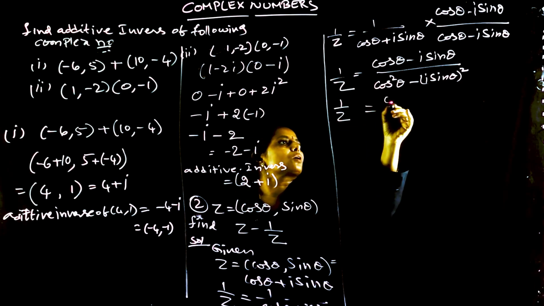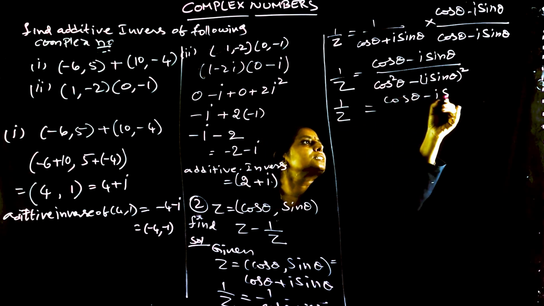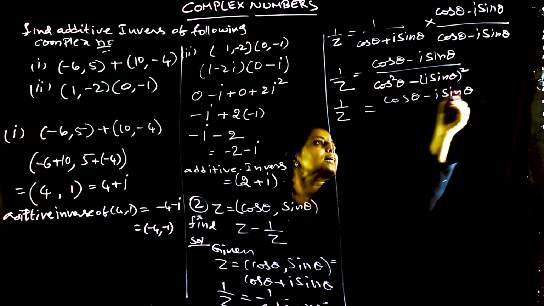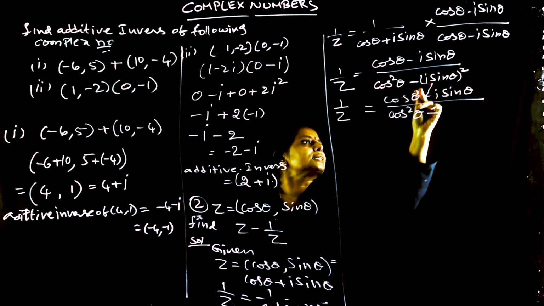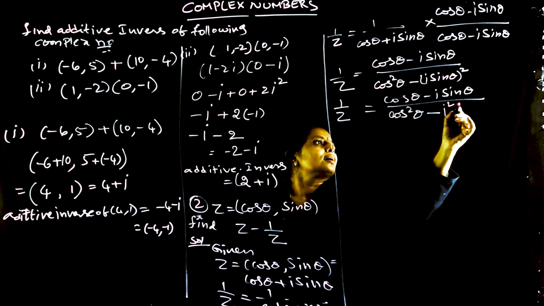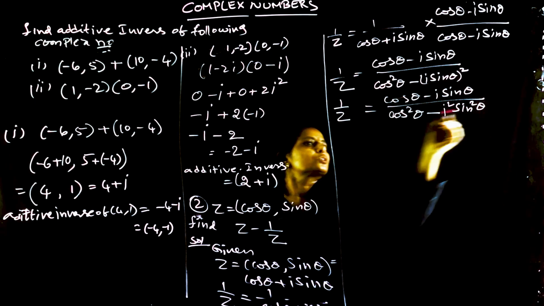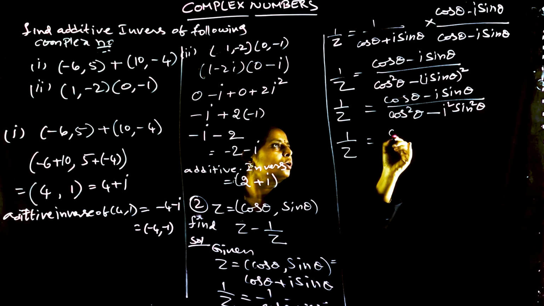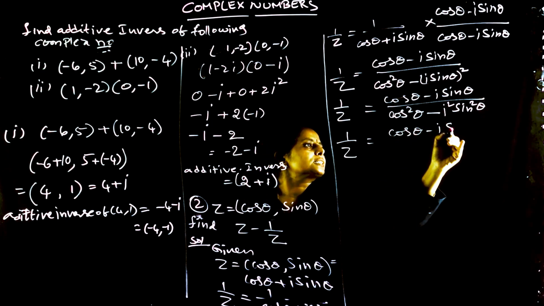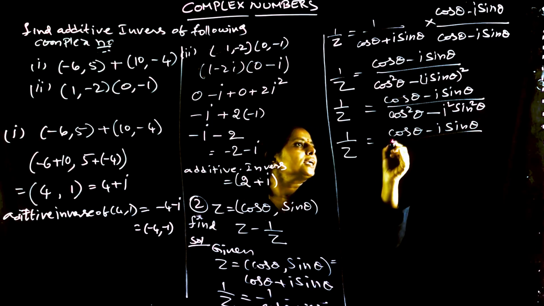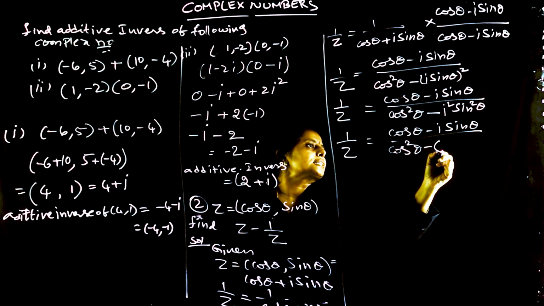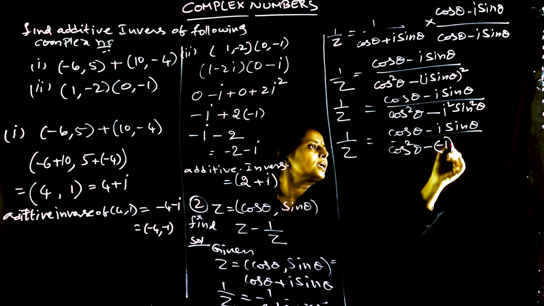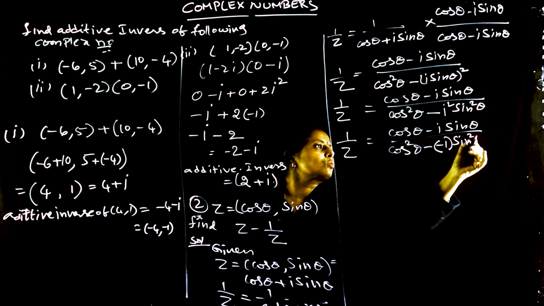So 1 by z equal to, write numerator as it is, cos theta minus i sin theta divided by cos square theta minus i square sin square theta. So 1 by z is equal to cos theta minus i sin theta divided by cos square theta minus, we know very well i square value is what? Minus 1 sin square theta.